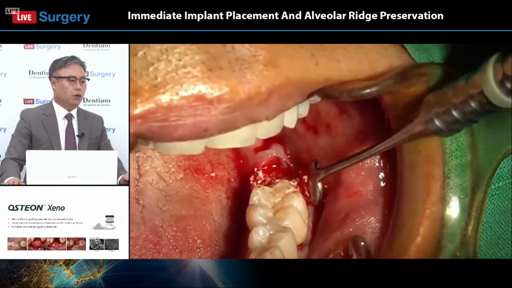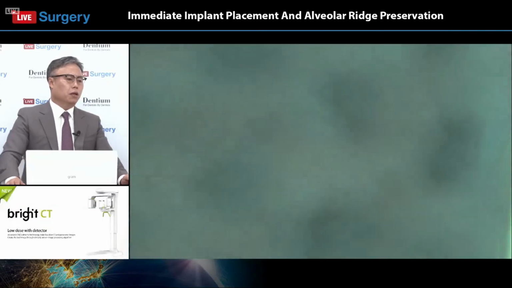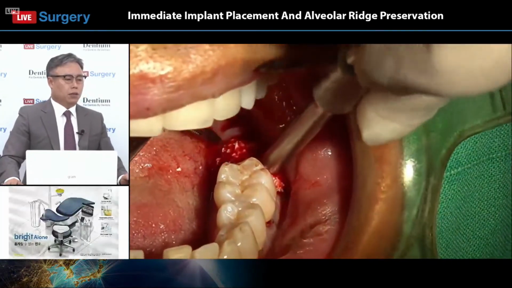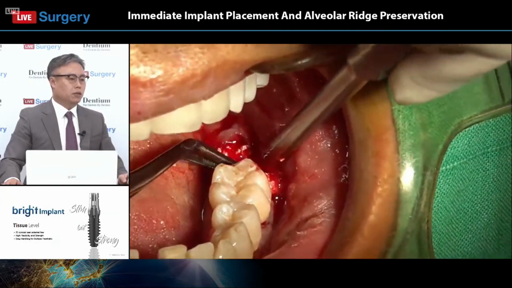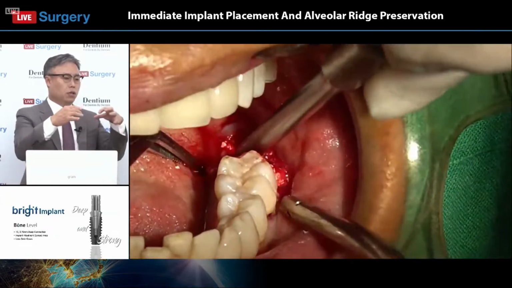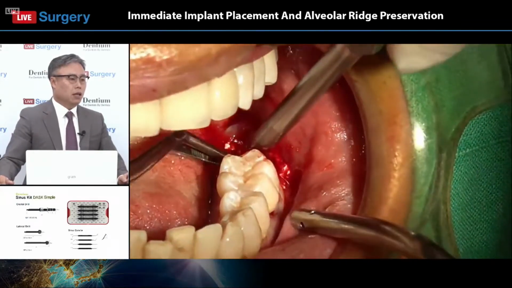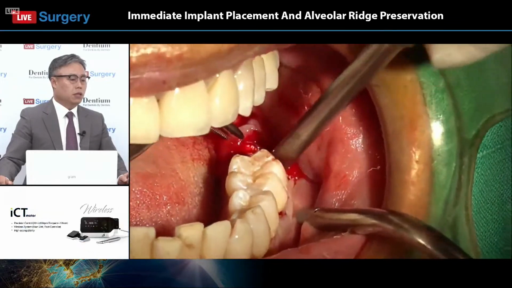Another thing I've heard is Dr. Lee's preference for soaking the collagenated bone graft. Usually, if you apply a collagenated bone graft in an extraction socket, there are 3 ways we can soak it in solution. Sometimes we can use saline, and sometimes we can use blood.